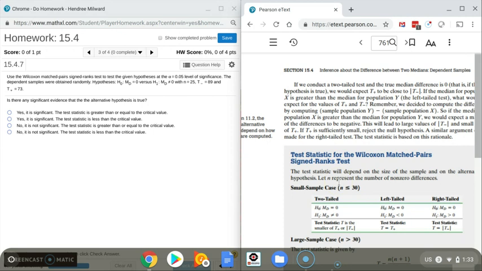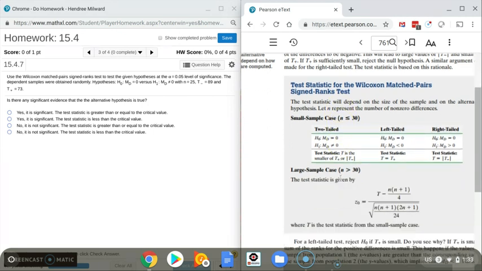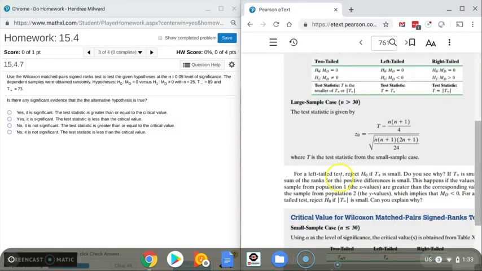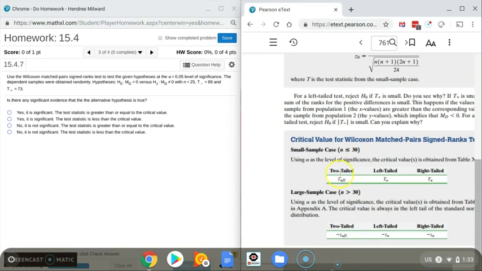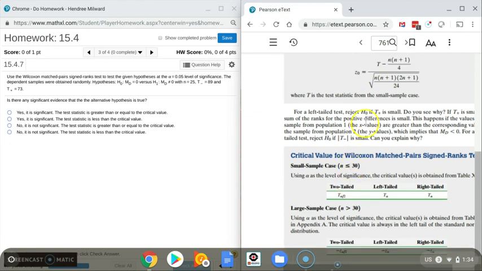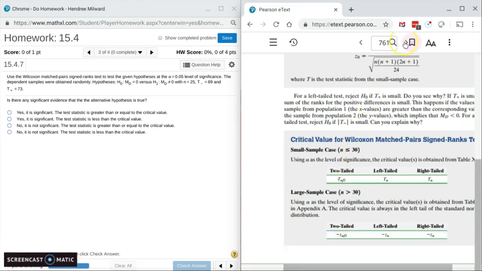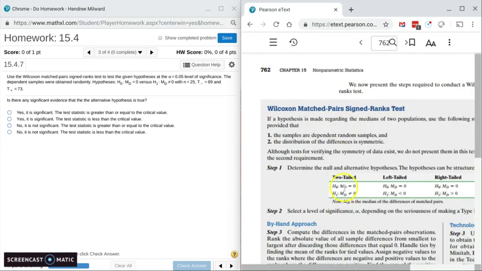Usually, if the test statistic is more extreme than the critical value, or bigger, then we would reject the null hypothesis. But with this nonparametric test, it actually runs counterintuitive to what you're thinking. So if you turn the page to 762, it's going to tell us what to do.